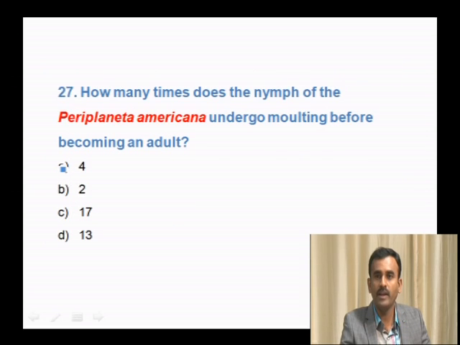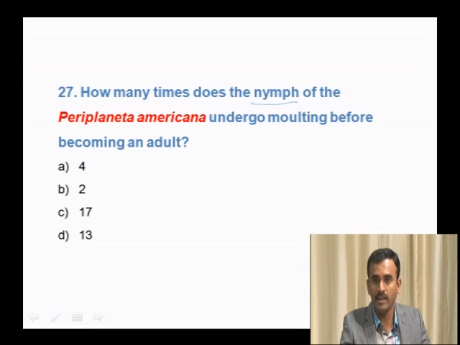How many times does the nymph of Periplaneta americana cockroach undergo molting before becoming an adult? Molting is the shedding of exoskeleton, and the development in the case of cockroach is indirect. It consists of several morphologically distinct stages called nymphal stages. To develop from nymph to adult in Periplaneta americana, it undergoes molting.